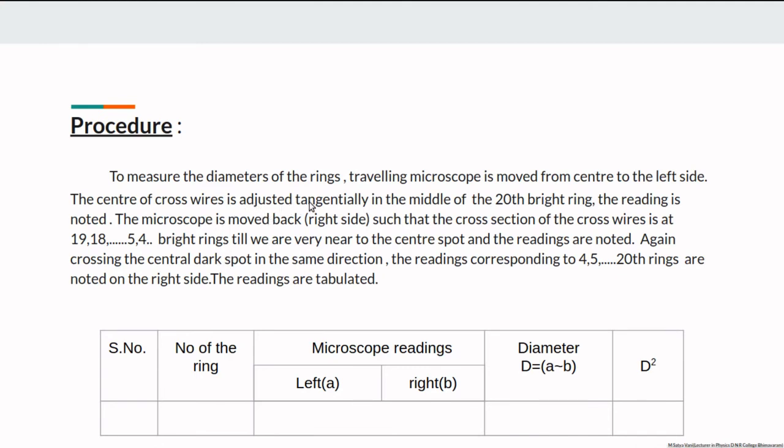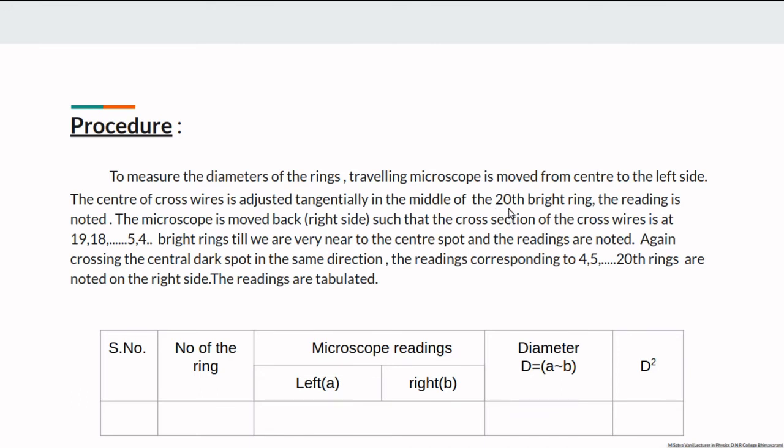is adjusted tangentially. That means the vertical crosswire is made to coincide with one of the bright rings, say the 20th bright ring. The reading on the microscope is noted. By moving the microscope from left to right and coinciding the crosswire with the dark and bright rings, that is 19th, 18th and so on, till we are very near to the central spot.